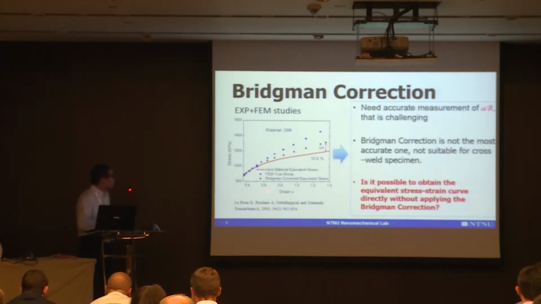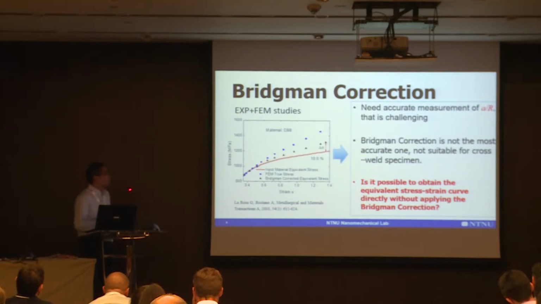For example, in this paper, Nanosa and colleagues performed experimental and numerical analysis for this D98 material, and they found out that the gap between the Bridgman corrected stress and the input stress is very large, and the error can reach up to 10% when the strain is around 1.3.